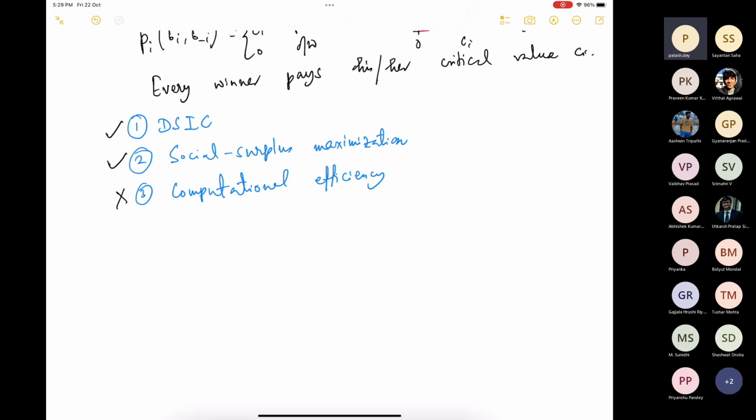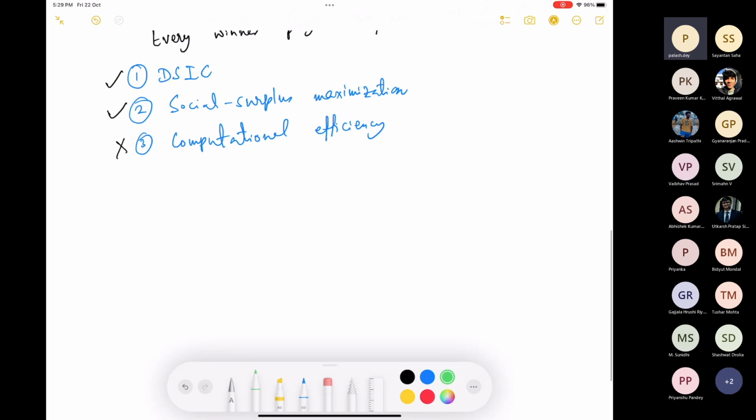So what do we do to make it computationally efficient? Because the social surplus maximization problem itself is computationally intractable in this case, if we want to achieve computational efficiency, we have to relax the social surplus maximization. We need to be happy with approximate social surplus maximization.